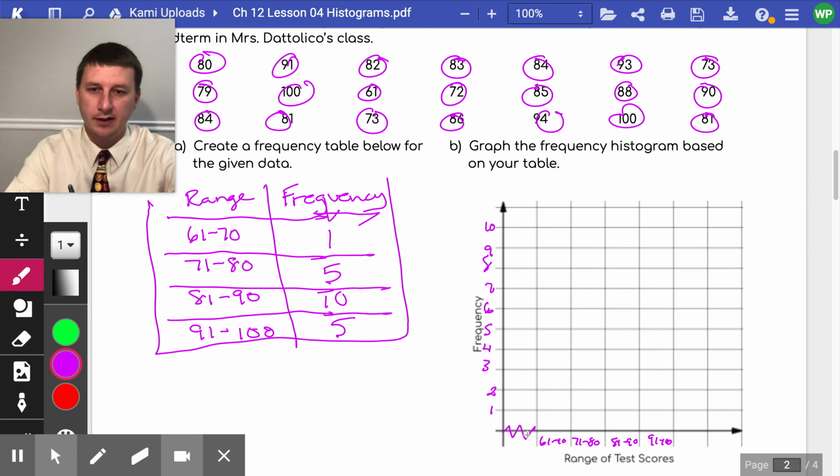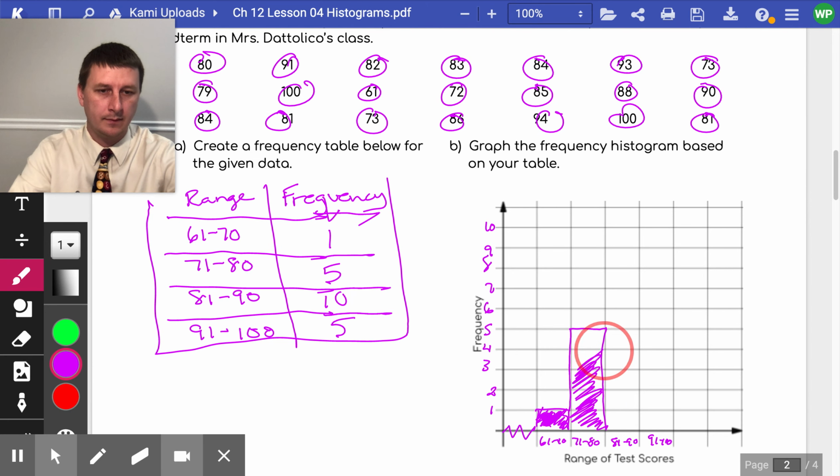histogram chart by drawing 1 right here because the frequency for 61 to 70 was only 1. 71 to 80 will be up at 5. 81 to 90 will be all the way up at 10.